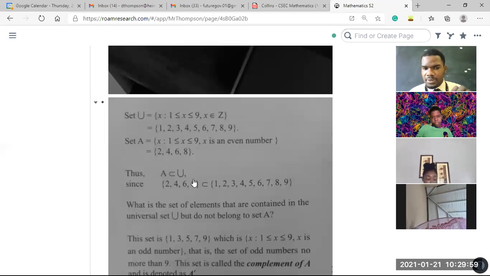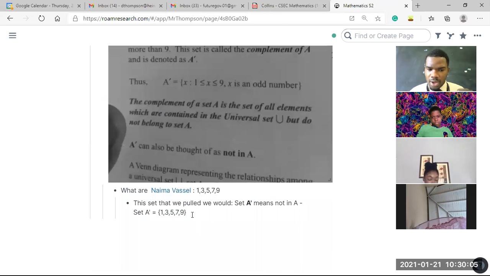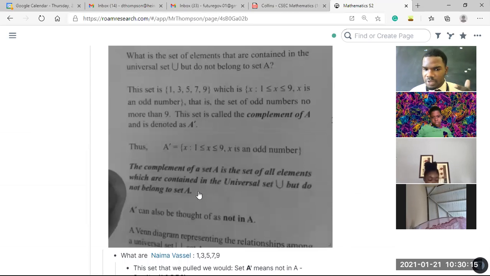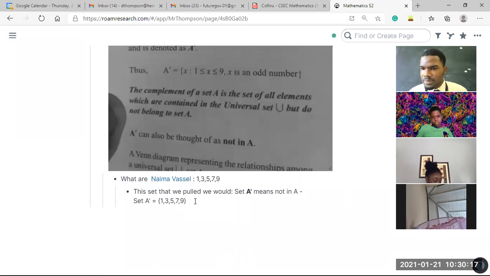Let me explain again. So if we pulled all the values that are not in set A and we got 1, 3, 5, 7, 9, what are these, Michael? They are 1, 3, 5, 7, 9. The opposite of even numbers are odd numbers.